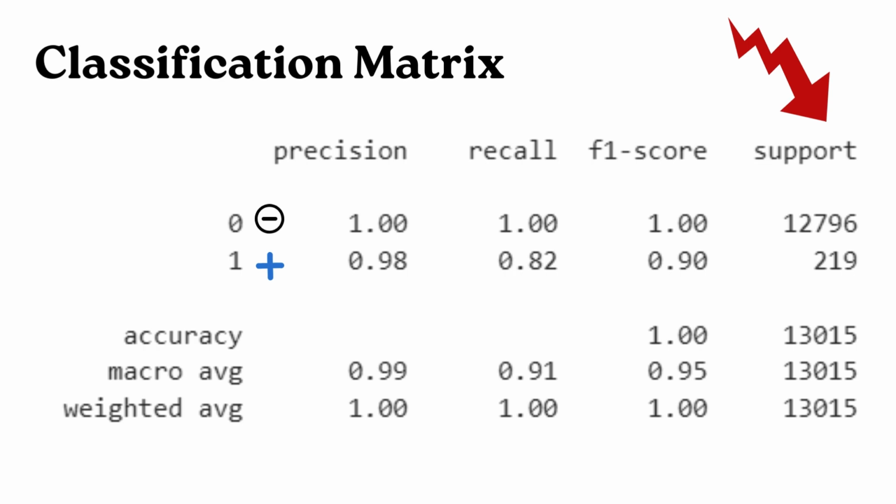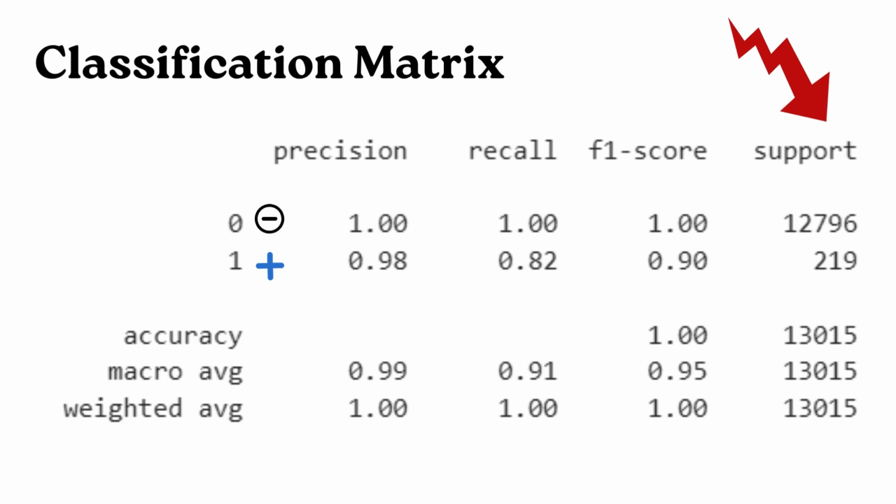But if you are careful, you will notice that recall for class 1 is only 82%. That means 18% of patients are being missed. So this is how we have to understand it.